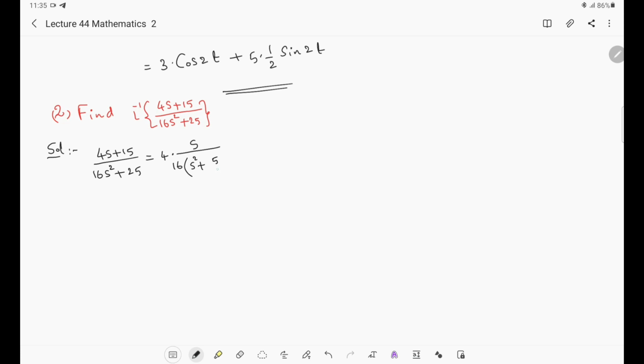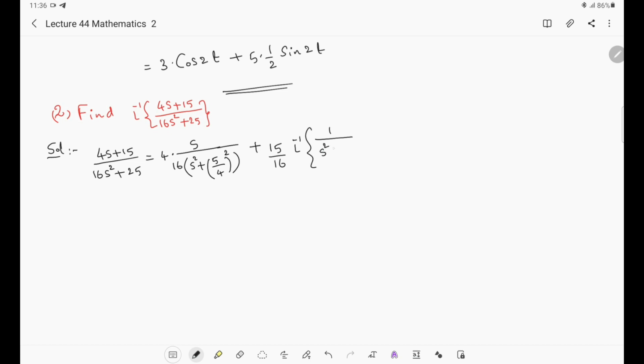That can be written as 5 by 4 whole square. See, this 25 I am writing as 5 square, and this 16 I am writing as 4 square. So further, plus the next term, 15 into Laplace inverse transform of 1 by, 16 I am taking outside, so 15 by 16.